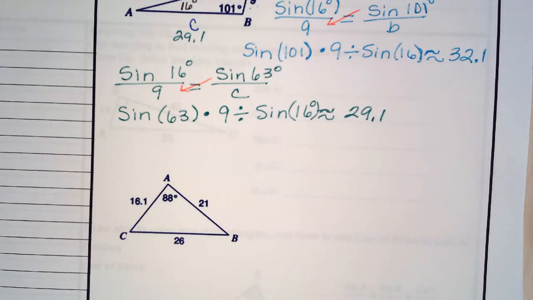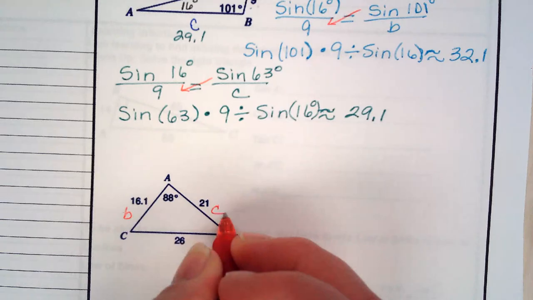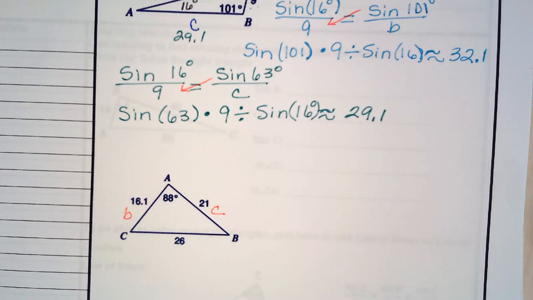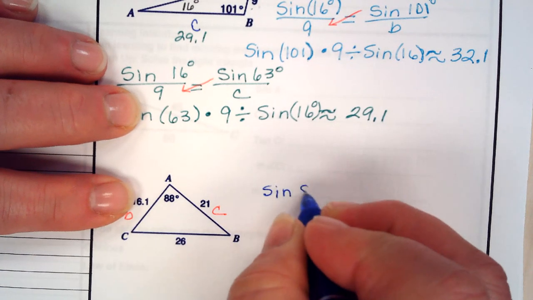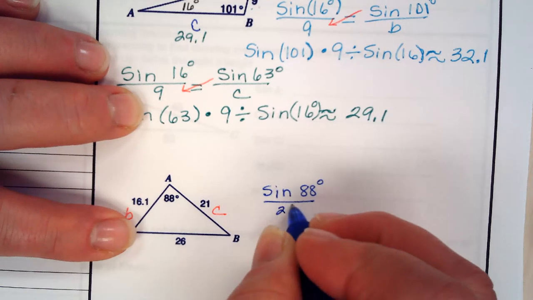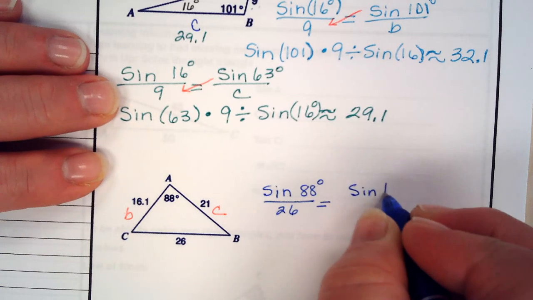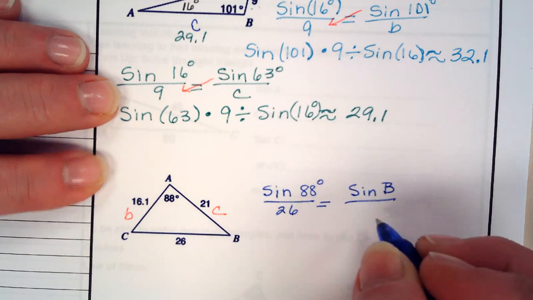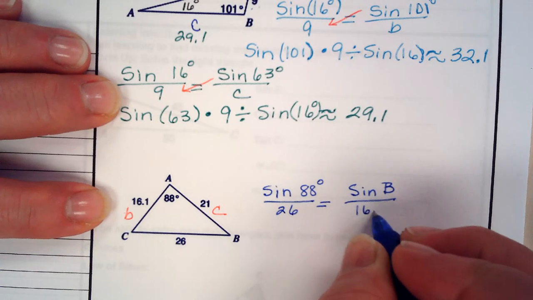We know this is going to be side B and this is going to be side C. So I'm going to start with the sine of 88 degrees over 26 is equal to the sine of B over 16.1.